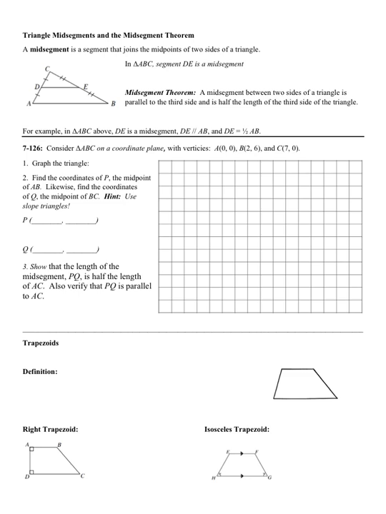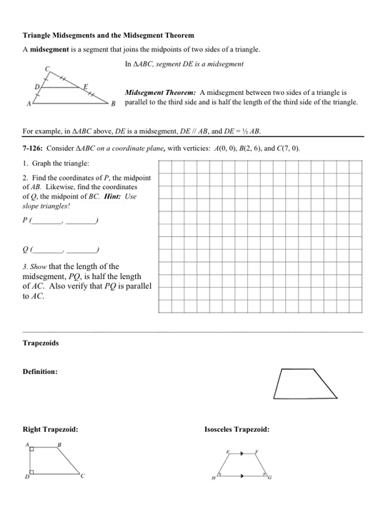So again, for example, in triangle ABC above, segment DE is the mid-segment, and because of this, we know that DE is parallel to segment AB, and also the length of DE is half the length of segment AB.